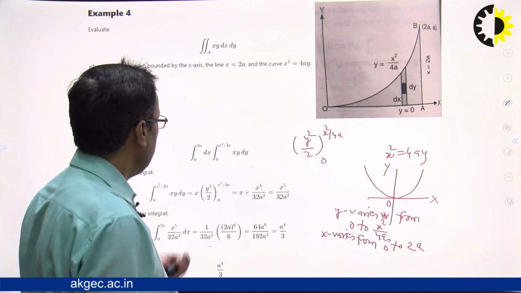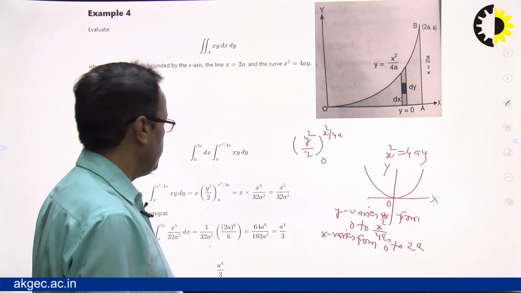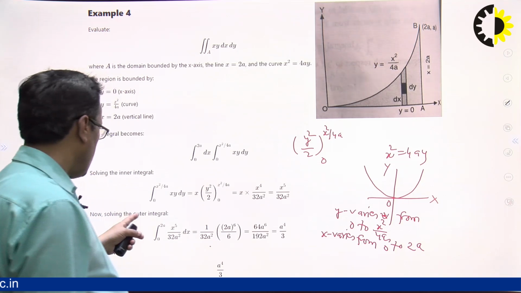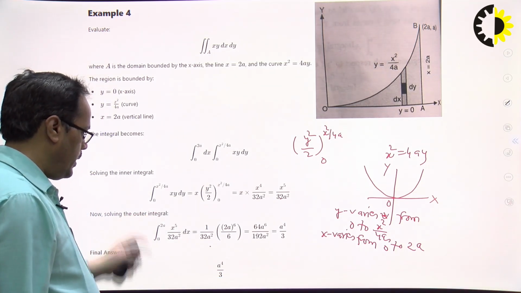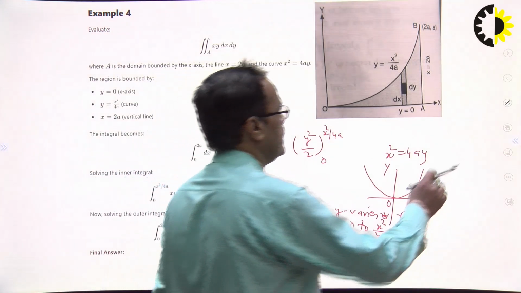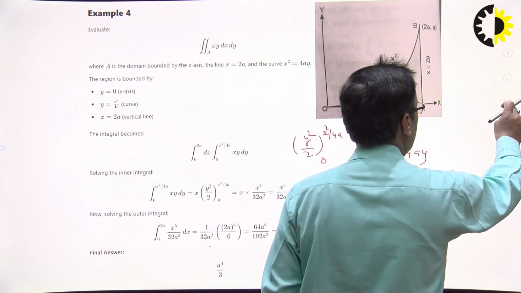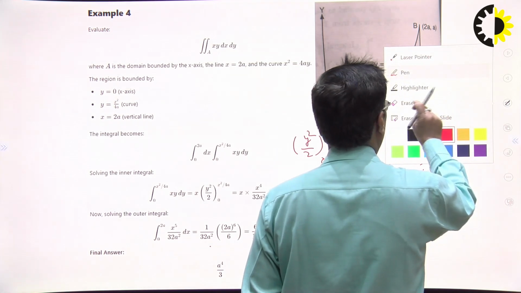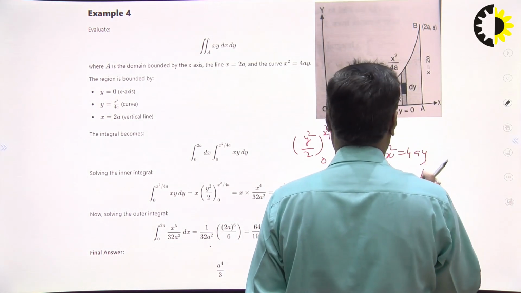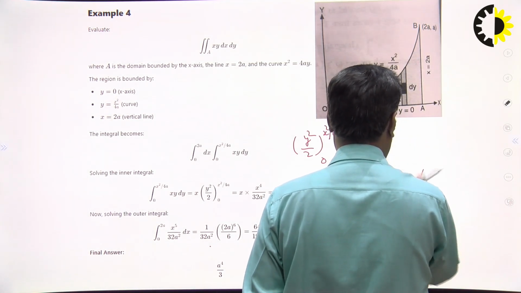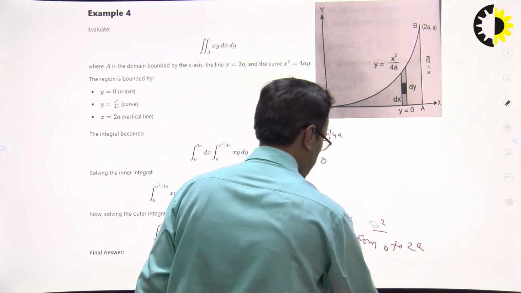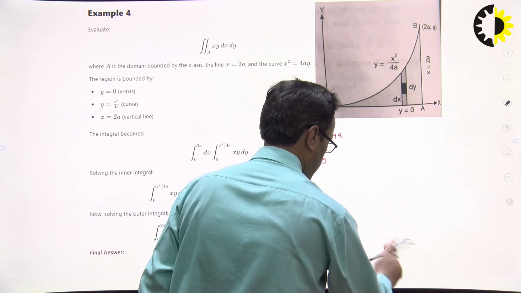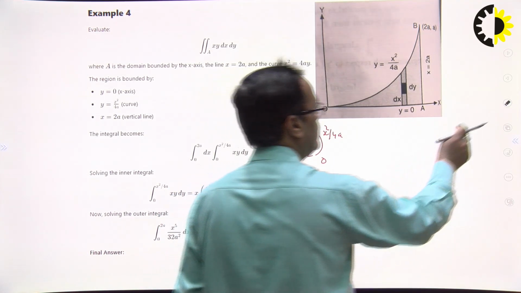Next we integrate with respect to x. Now solving the outer integral from 0 to 2a of x⁵/32a² dx. Here 1/32a² is constant. The integration of x⁵ is x⁶/6, limit 0 to 2a.